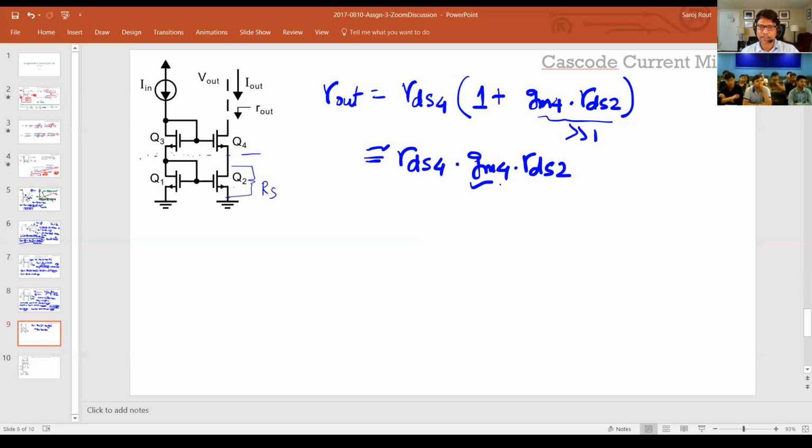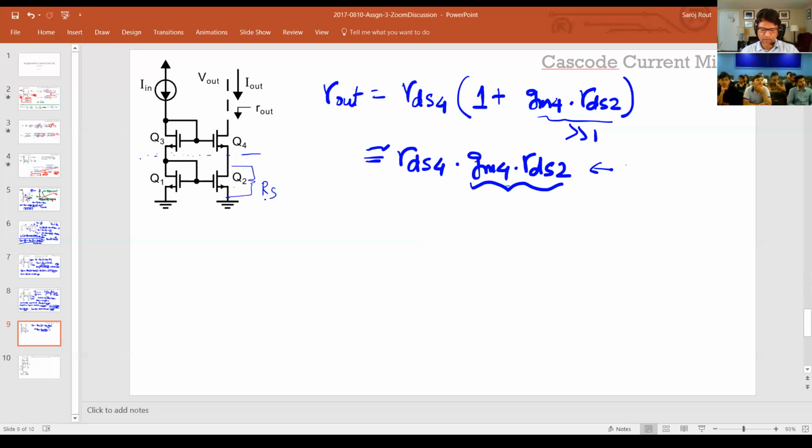So you're basically gaining up the output impedance by this GM4 times RDS2, which, as we have seen in the common source amplifier, for example, could be 10 to 100x depending on how you bias it. So let's say you had RDS2, which we computed before as 5K. If this term is 10, then you get 50K, from 5K to 50K improvement of the R out, right?